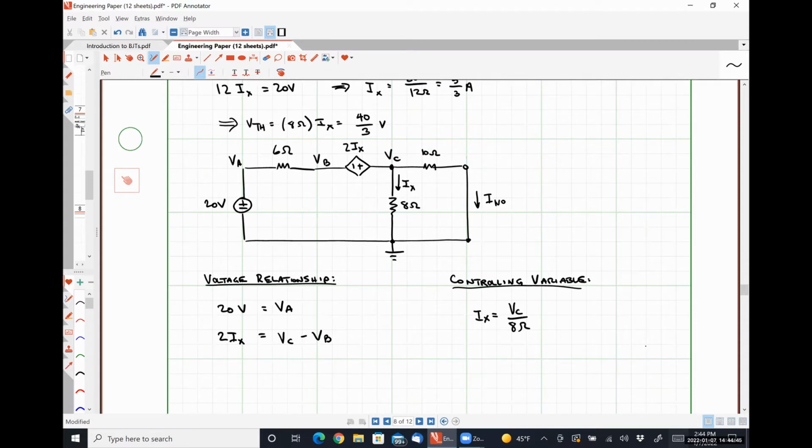All righty, and now I need to write my KCL equations here. Since the supernode that has my 20 volt source is between node B and C, I'm only going to have a KCL at supernode BC.